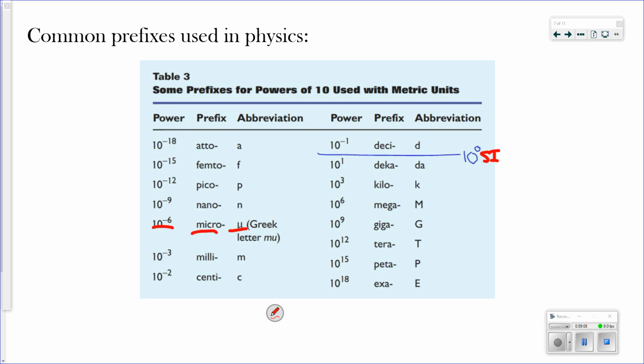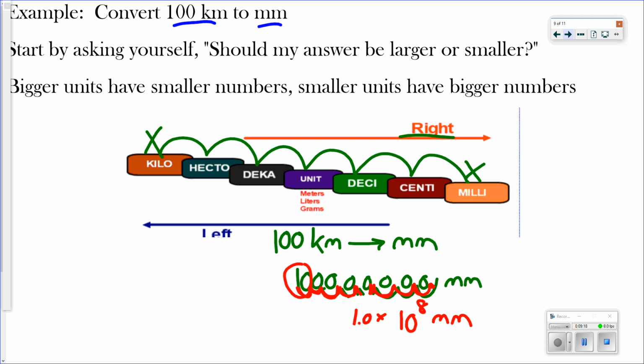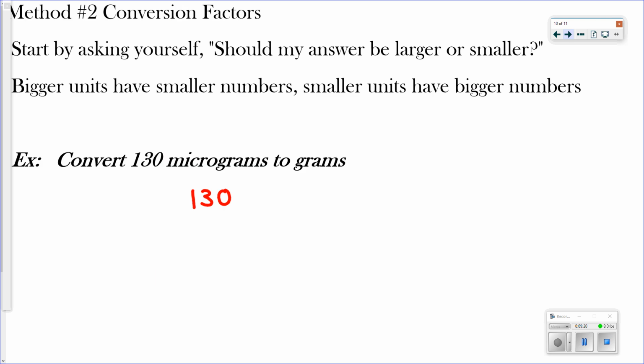So the relationship between a microgram and a gram is 10 to the negative 6. So what I do is I say 130 micrograms times 10 to the negative 6 grams is related to 1 microgram, getting these numbers directly off of your table.